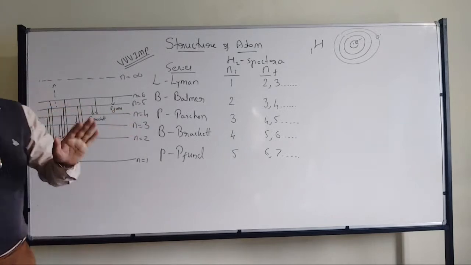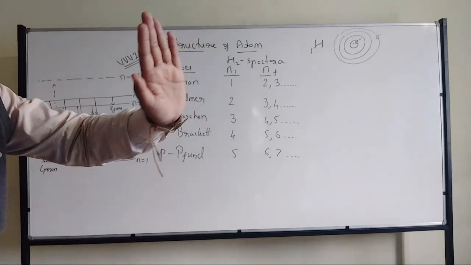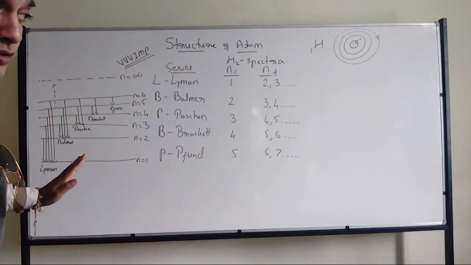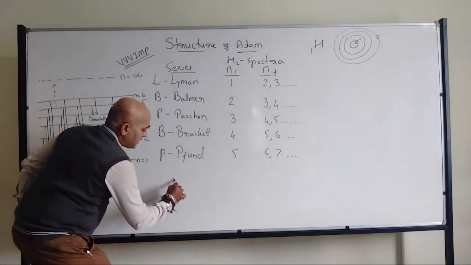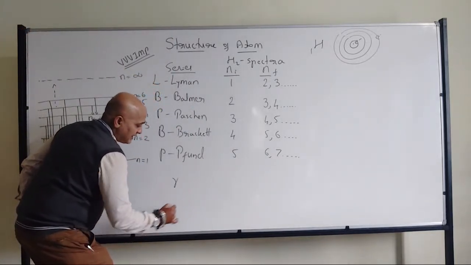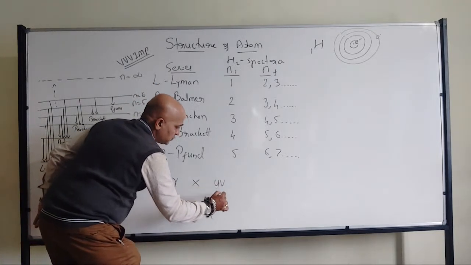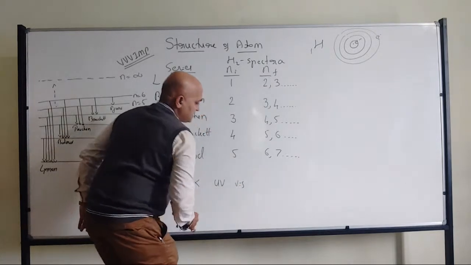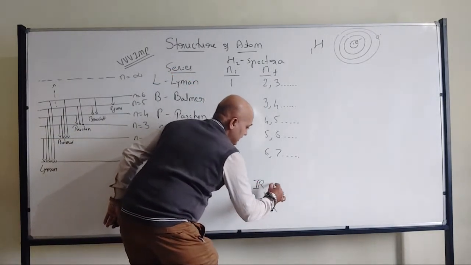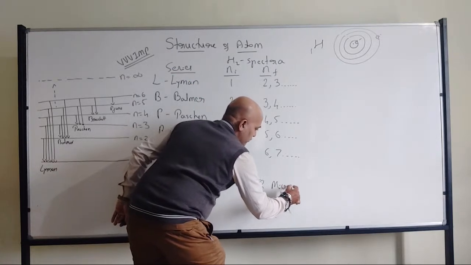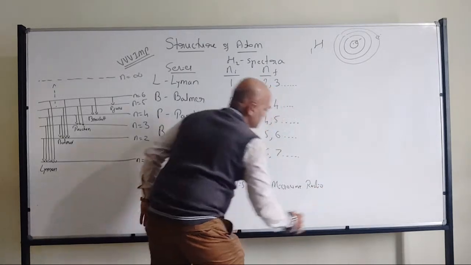But another important thing is the electromagnetic spectra. Gamma rays will come here, X-rays here, then comes the UV, then the visible, then the infrared, then the microwaves and radio waves. Like this it will go on.